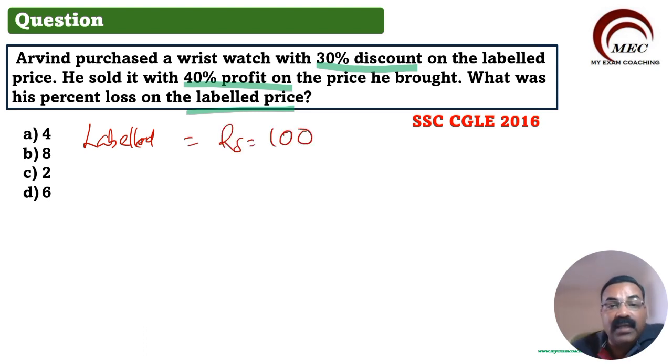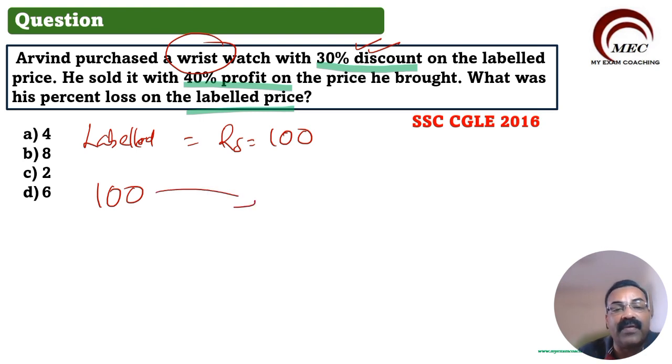Now let me tell you, one wristwatch costs rupees 100. Aravind got 30% discount. So 30% discount means he got it for 70 rupees.